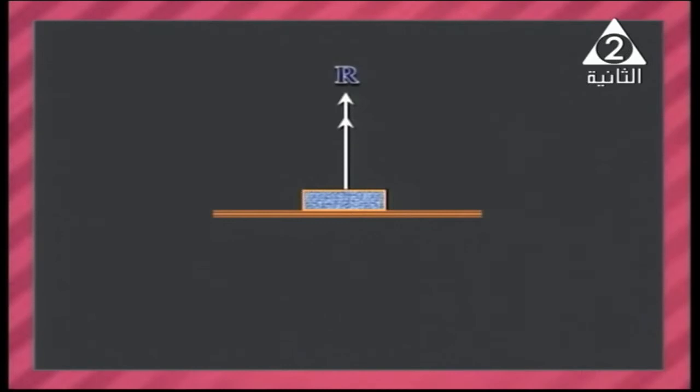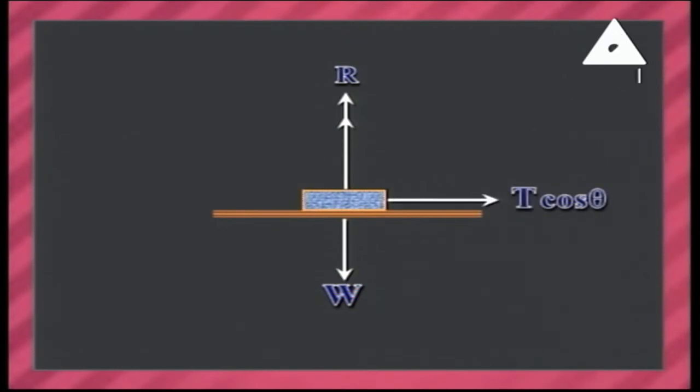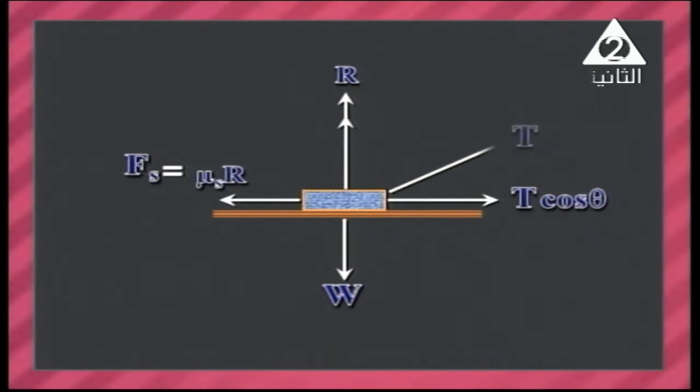We have the weight W and the reaction force R. We have tension T. We resolve T into two perpendicular components: T cosine theta, where theta equals 30 degrees, and T sine theta. We have the equation of equilibrium.